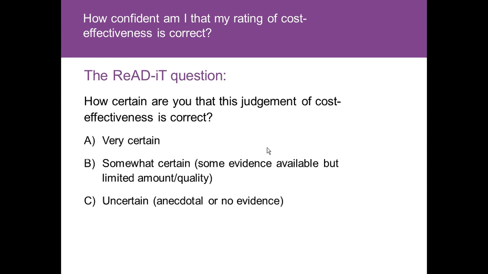If not, you might be only somewhat certain, where there is some evidence available, but it might be limited in the amount or quality, or you may be uncertain if there is an absence of evidence or only anecdotal evidence or poorly constructed economic evaluations that you can identify.